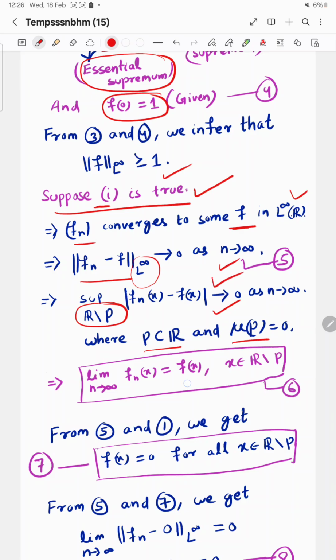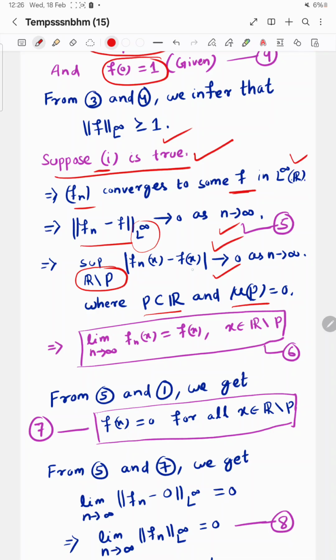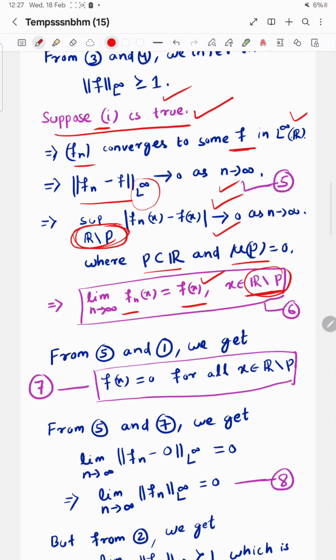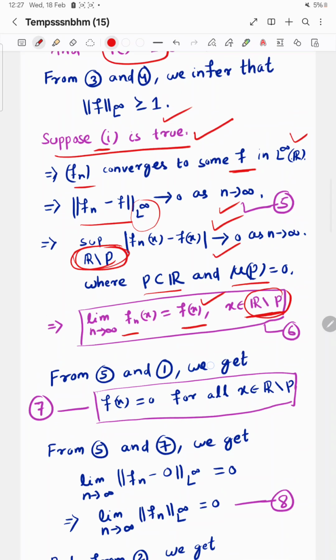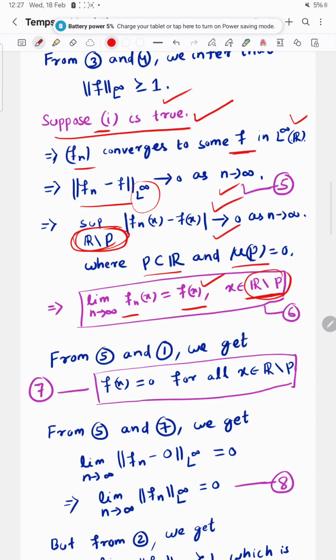Since Fn converges to F uniformly on R minus P, and uniform convergence implies pointwise convergence, Fn converges to F pointwise on R minus P. But the set P has measure 0, so one can directly say that Fn converges to F almost everywhere.